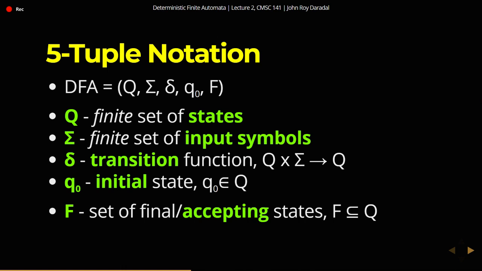But usually there should be one, because if we use DFA as a language acceptor, there should be at least one accepting state for us to be able to accept some strings in the language. Otherwise, it would be an empty language, right? Okay, so that's it. So take note, F is a set, so it could be one or more.